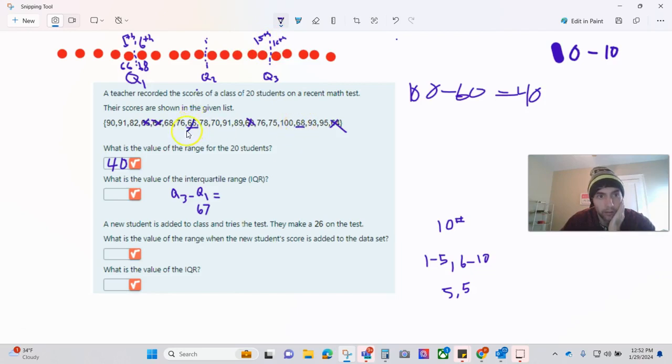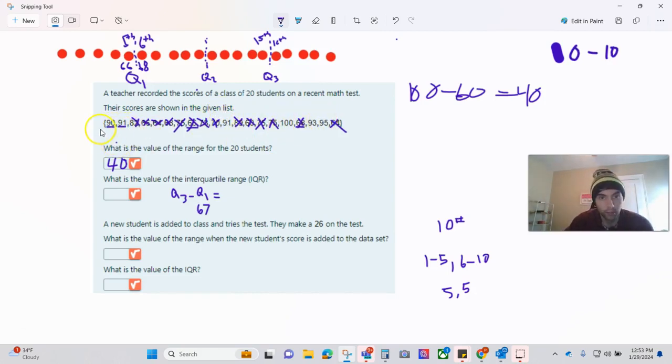So let's keep going. So that was 5, that's 6. There is a 7. That's the 8th number. 9, 10, 11, 12th number. 13. 14. 15, 16.